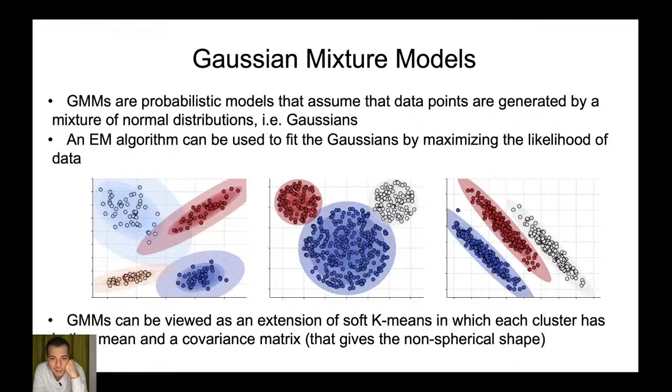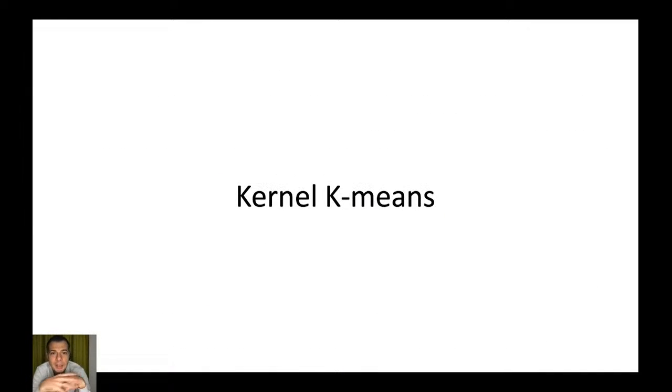So it means that the cluster can have different variance on different axes, so it can also have an ellipse shape.